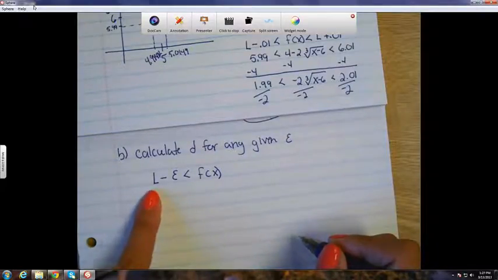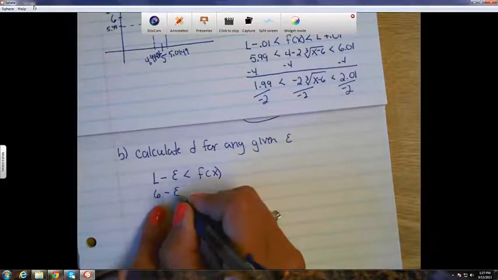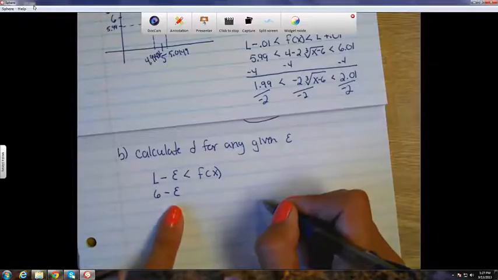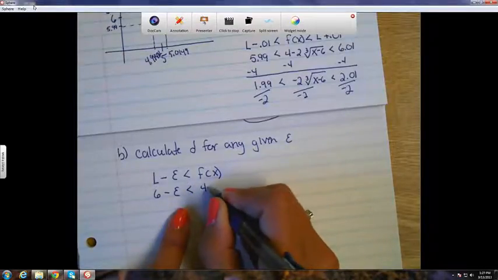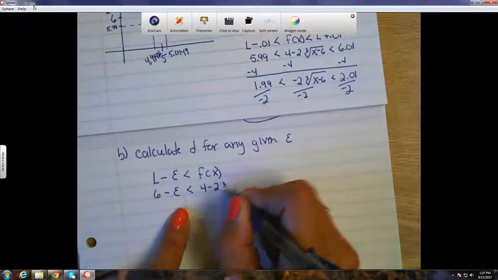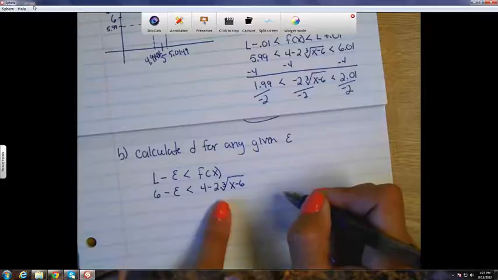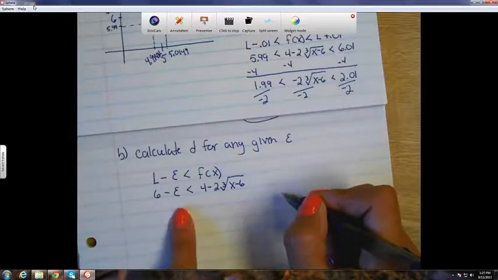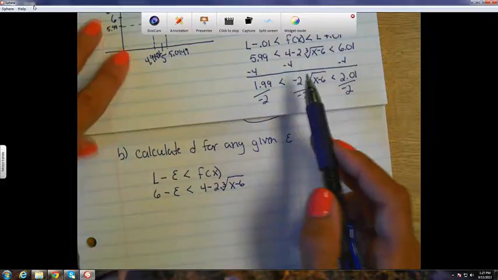The limit was 6. We're keeping the epsilon generic, so we're keeping it as e. The function hasn't changed. It's 4 minus 2 cube root of x minus 6. And we're going to go through and solve this for x and carry along the epsilon. So it's the same steps I did here.